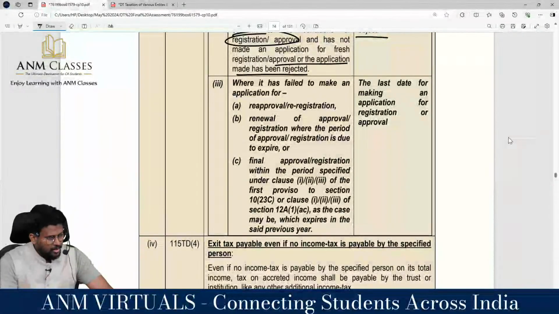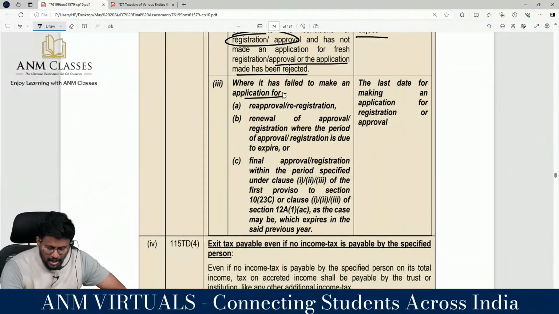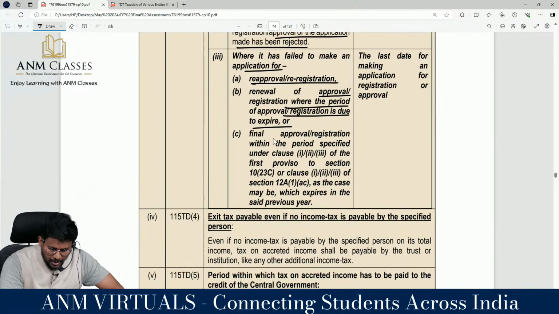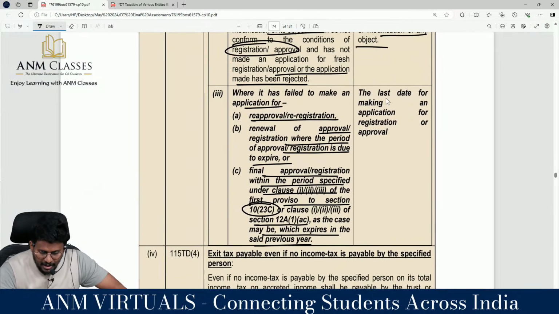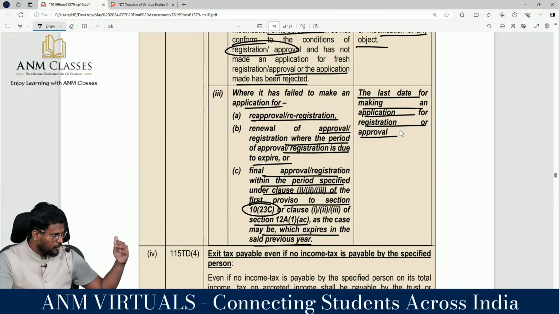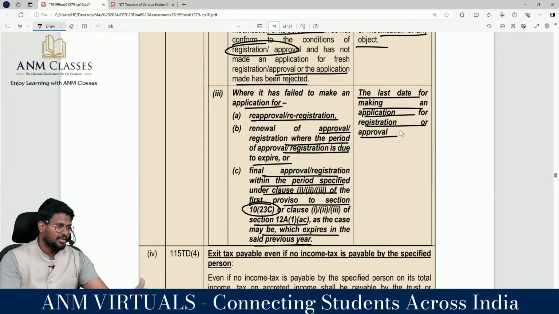It's a new amendment where it has failed to make an application for renewal of approval or registration for the period of approval or registration, or final approval or registration, within the period specified under the first proviso to 10(23C) or 12A, as the case may be, which expired in the previous year. The last date for making an application for registration or approval: when the 5th year ends, on that day you calculate accreted income, pay the tax, clap and leave.